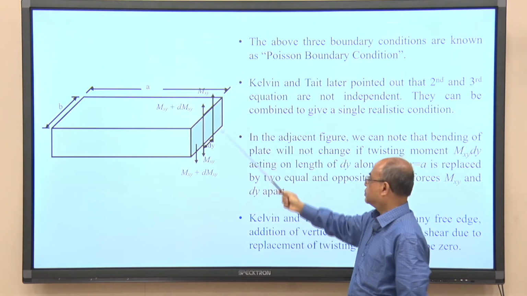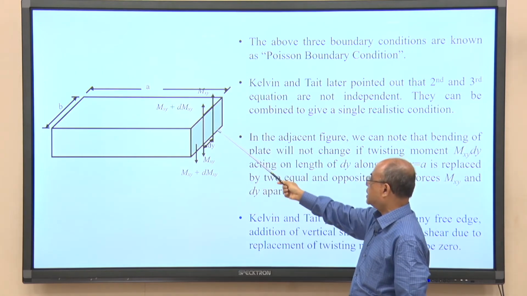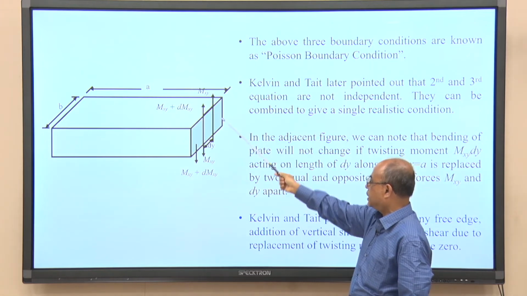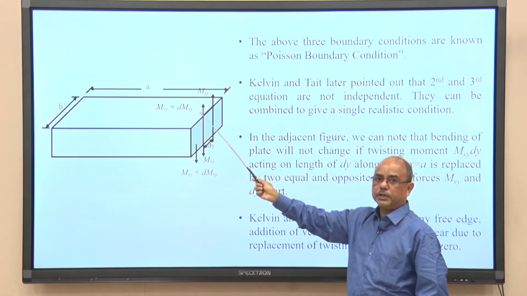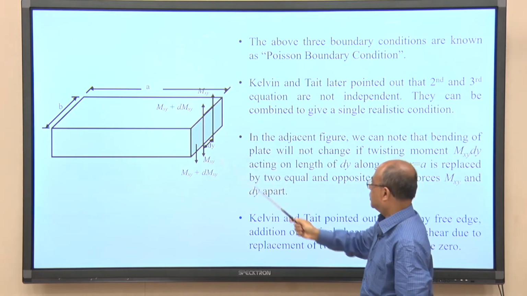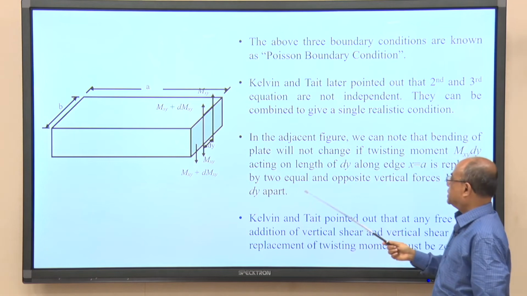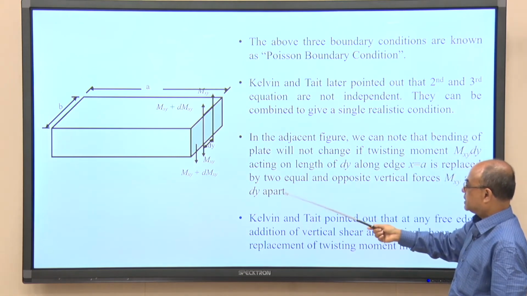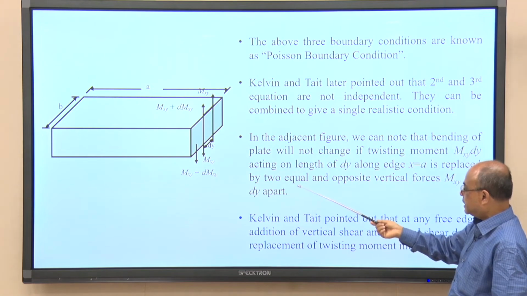So, the two equal and opposite forces are equivalent to a couple m x y d y. Based on that, in the adjacent element there will be some increment, m x y plus d m x y.